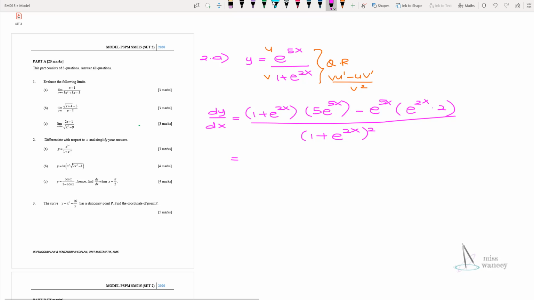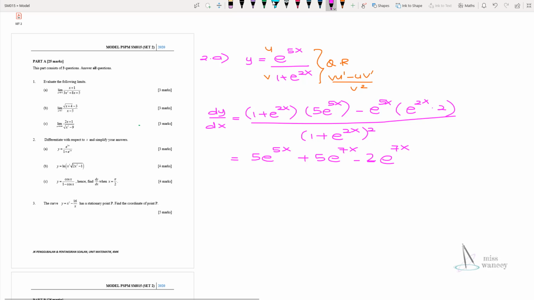Okay, so now let us simplify our numerator. 1 times 5, so this is 5e to the power of 5x. E to the power of 2x times 5e to the power of 5x, so plus 5e to the power of 7x, minus e to the power of 5x times e to the power of 2x, so e to the power of 7x times 2, so negative 2 then.